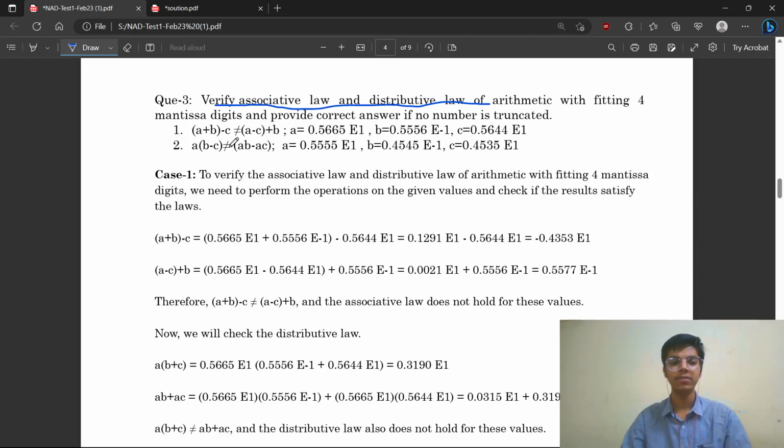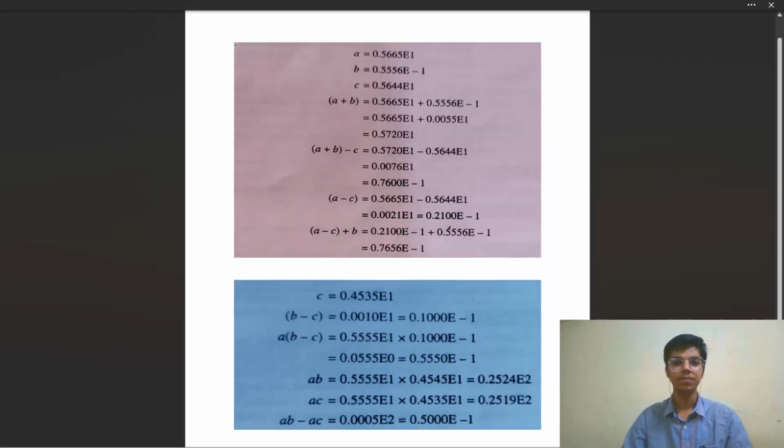So let's first head to the first question. In the first question, a, b and c are given like this. First we are going to add a and b. The corresponding values of a and b are given here, and then we add them.